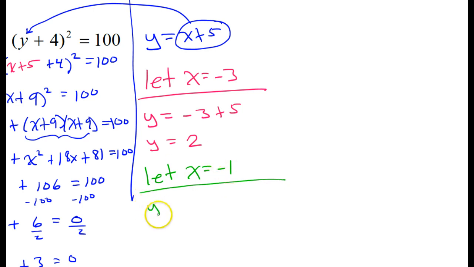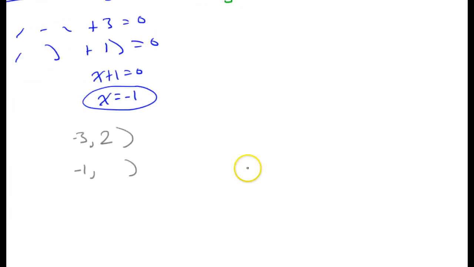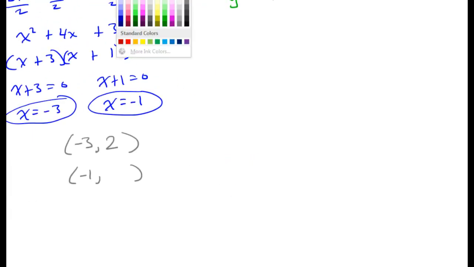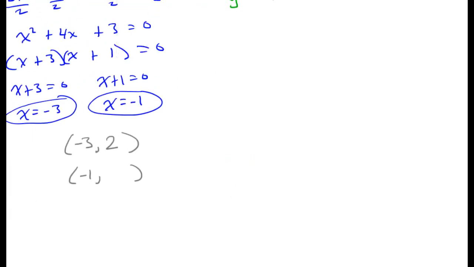Okay, so then we have y is equal to negative 1 plus 5. So that would mean that y equals 4. So that's negative 1 comma 4. And these are our two solutions. This is the final answer.